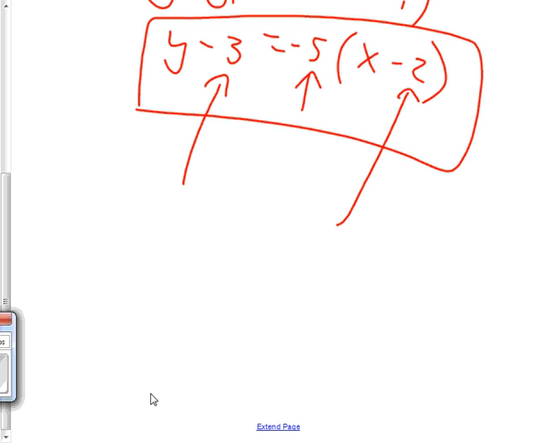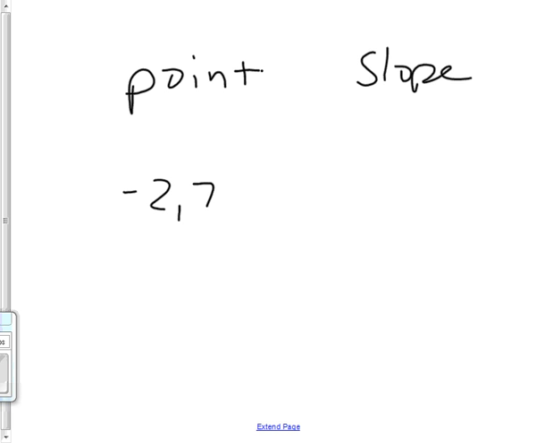Okay, I got one more thing I got to say. And that's sometimes they're going to give you a point and a slope in a funny way. They might not just come out and say the slope is 6. They might give you a point like negative 2 comma 7, and then they might say that we want it to be parallel to this other line.